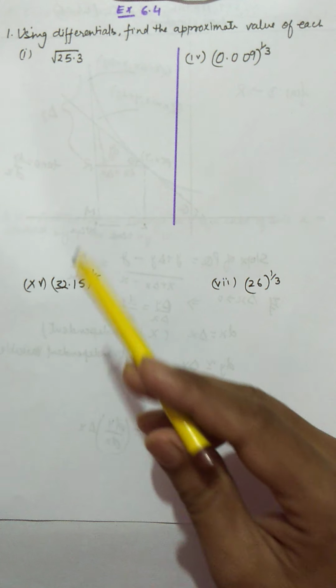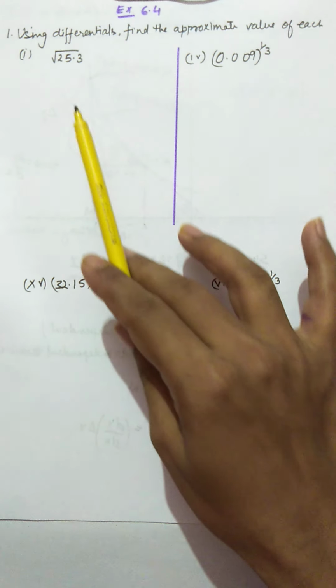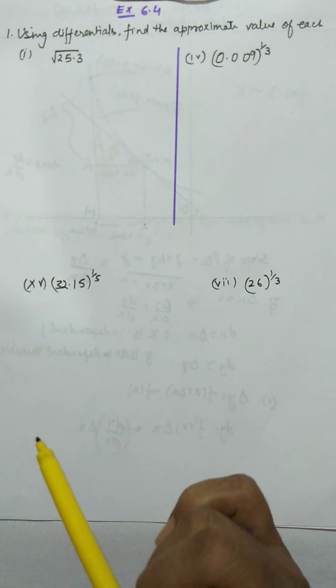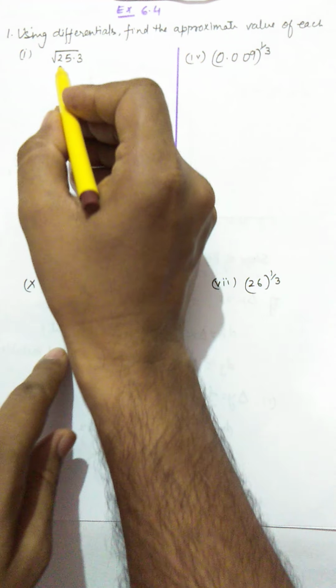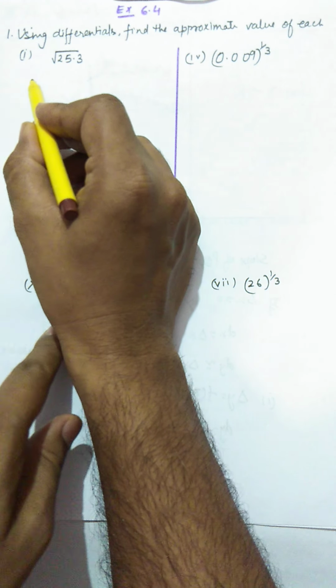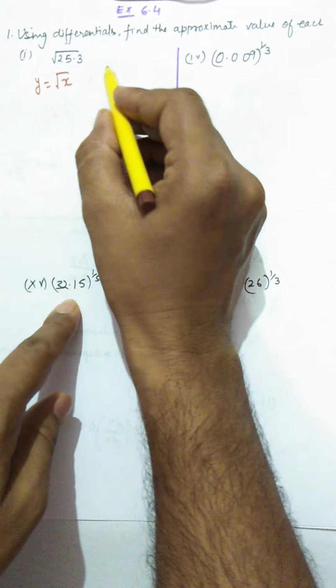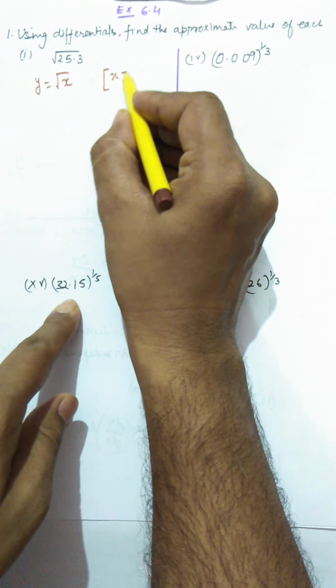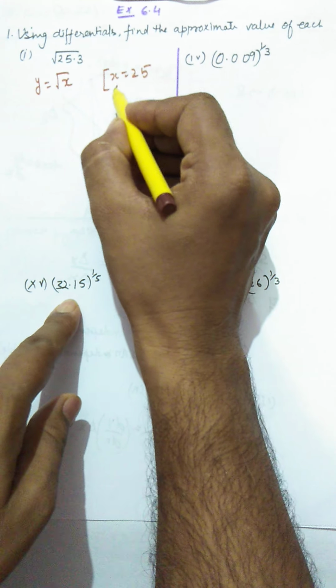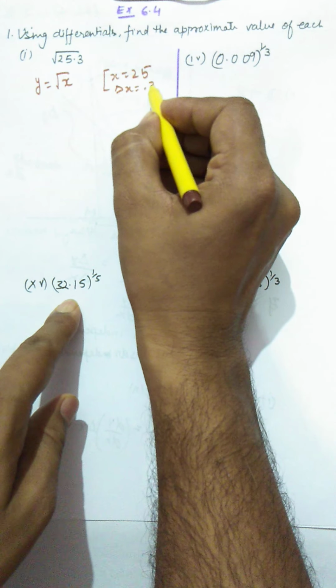So this is a very important thing that you have to keep in mind. Now using differentials we have to find the approximate value of √25.3. So we can start from here. Let's say y equals √x, but you may take x as 25 and Δx as 0.3.